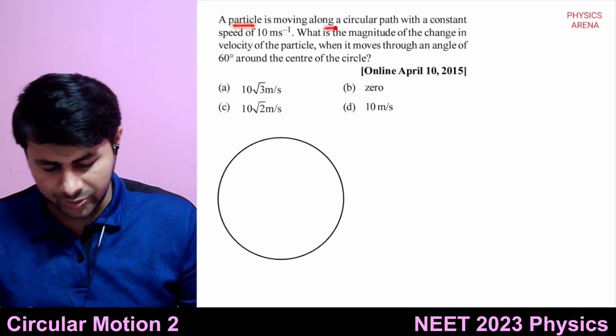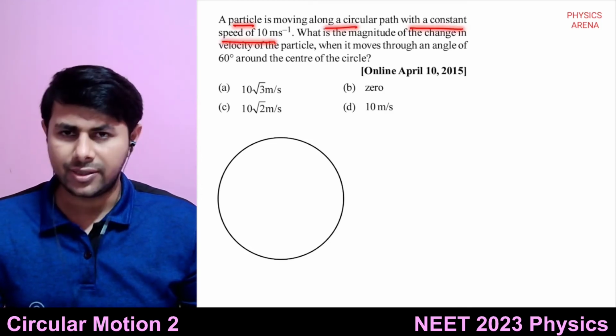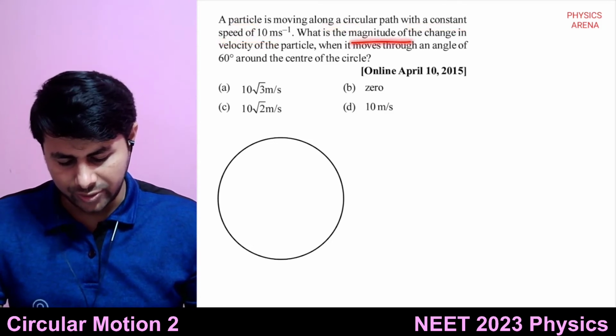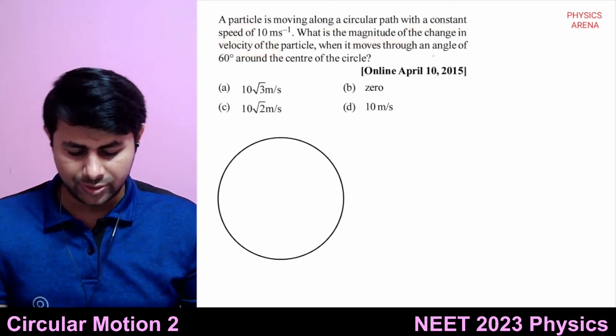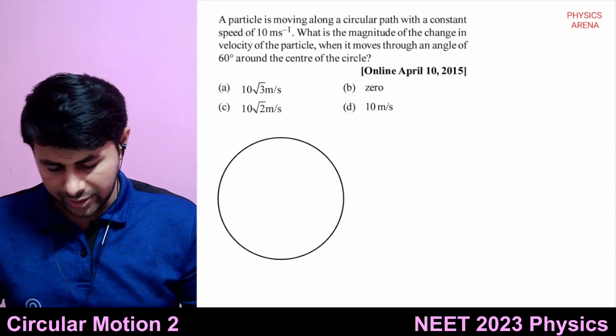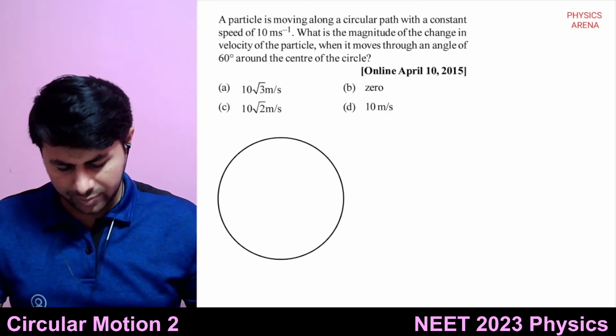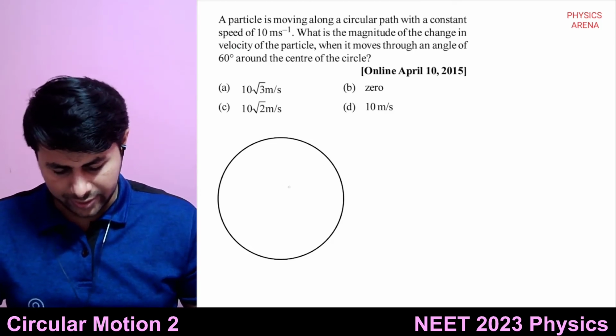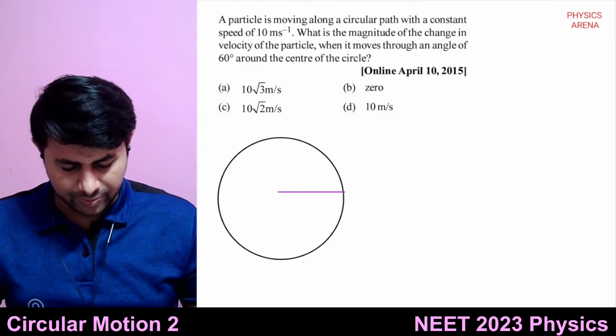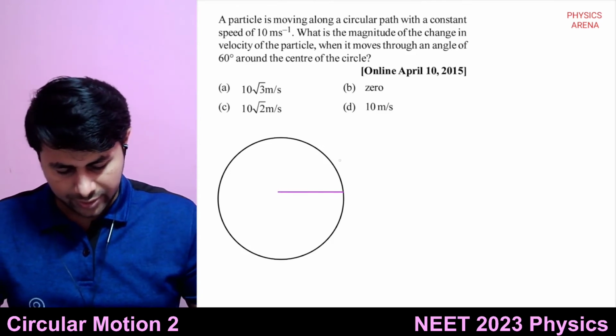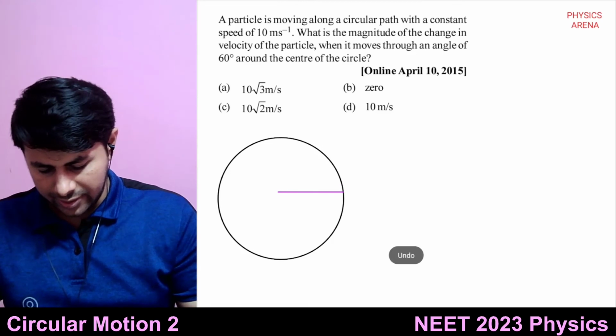A particle is moving along a circular path with constant speed 10 meters per second. What is the magnitude of change in velocity of the particle when it moves through an angle of 60 degrees? Suppose initially your particle is here, so its velocity will be in this direction.